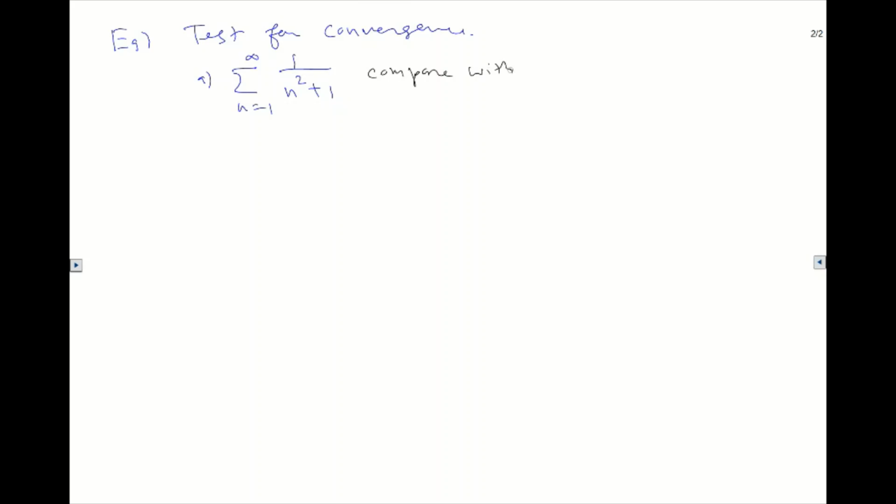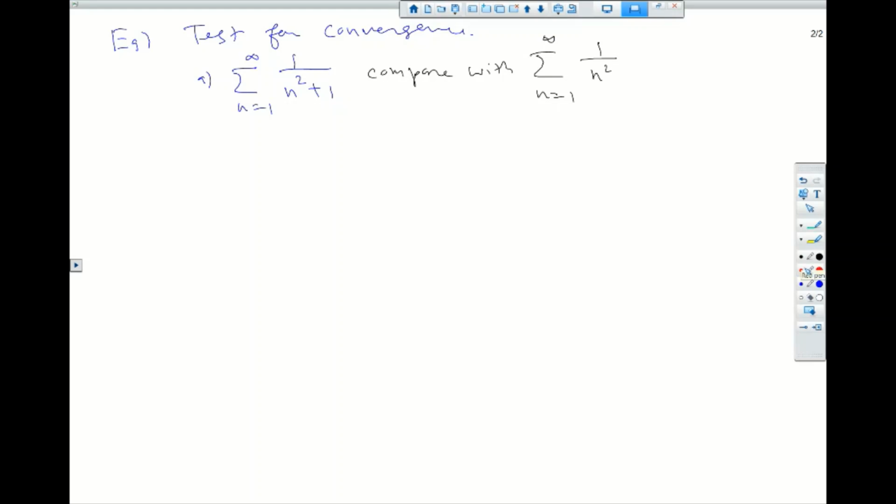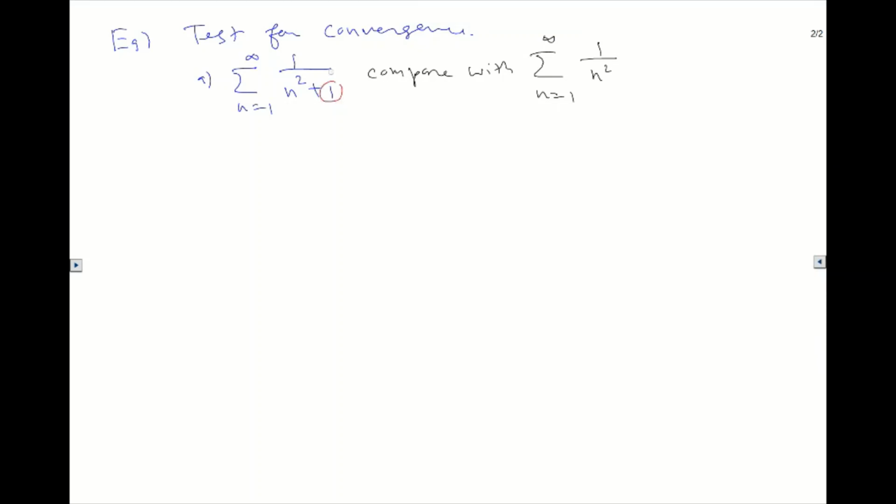If you ignore the plus 1 in the denominator, you compare this with the sum from n equals 1 to infinity of 1 over n squared, because we only worry about the largest term of the numerator and the largest term of the denominator, and then we simplify them. So that's the one we're going to compare.